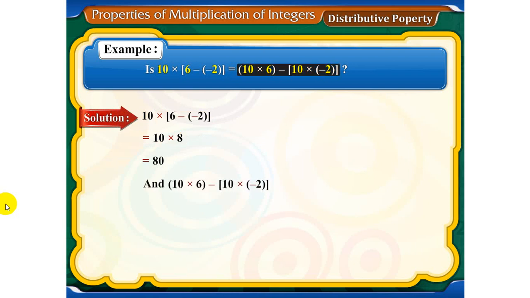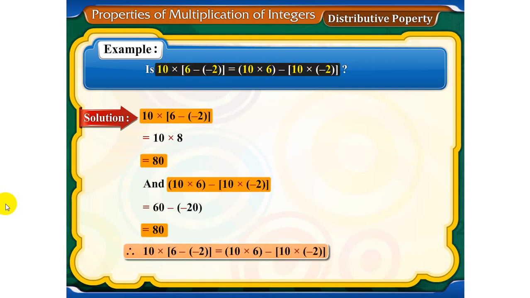And 10 multiplied by 6 minus 10 multiplied by negative 2 is equal to 60 minus negative 20, which is equal to 80. Thus, 10 into (6 minus negative 2) is equal to 10 multiplied by 6 minus 10 multiplied by negative 2.